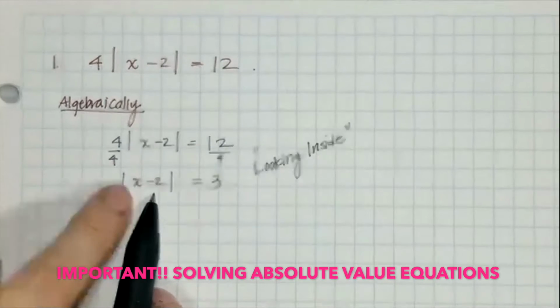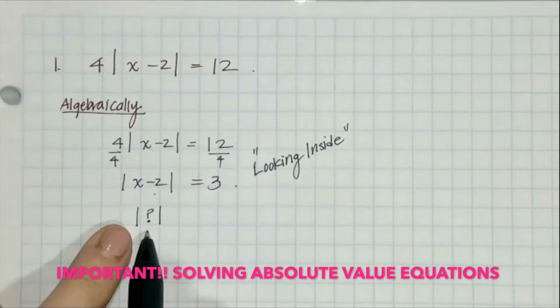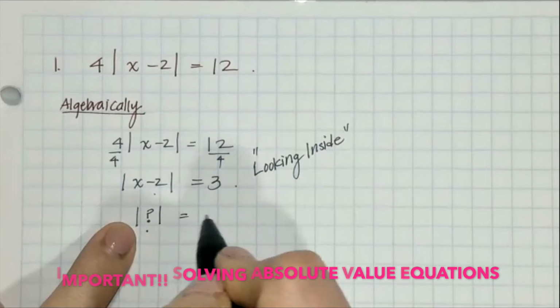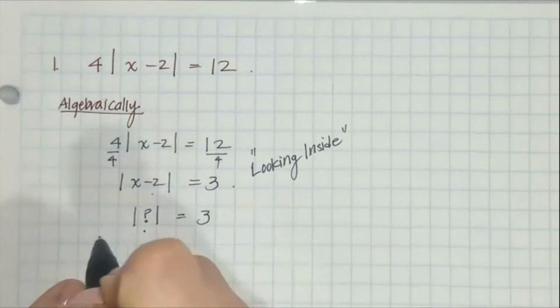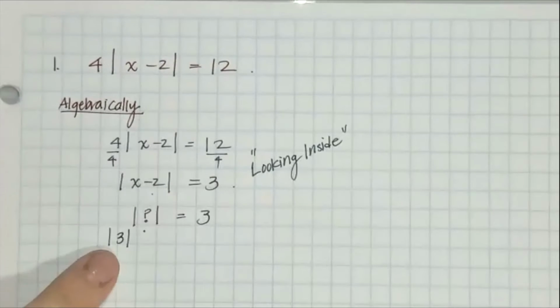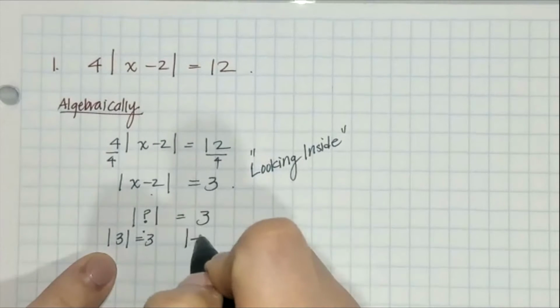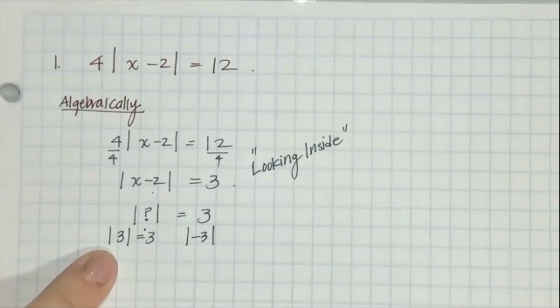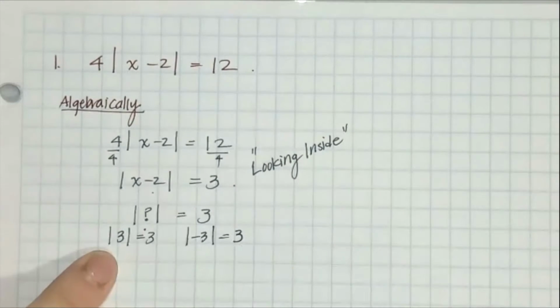When we think about it, what number inside the absolute value will give us a positive 3 out? That number can be positive 3, because absolute value of 3 is positive 3, or negative 3, because absolute value of negative 3 is also positive 3.